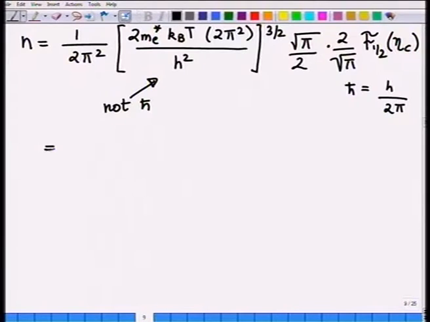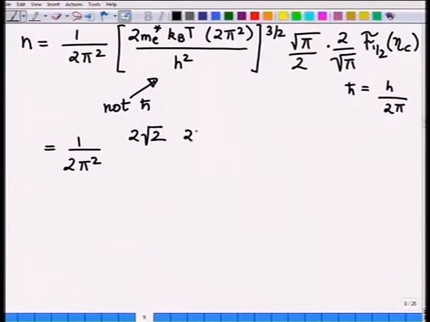So, what we are going to do is, in fact, carry out this simplification. So, 1 over 2 pi square, 2 pi square. What I am going to do is, I am going to leave in there the quantity 2 pi square, and I am going to take out the rest of the stuff from here, 2 to power 2 square root of 2, which is coming from here, and I am going to take 1 over 2 pi outside.